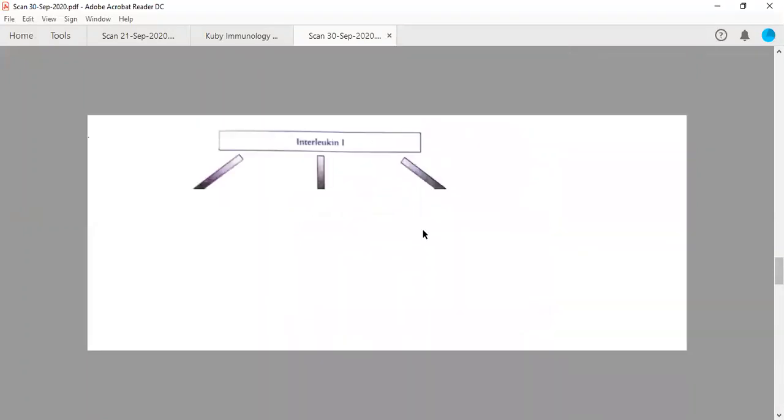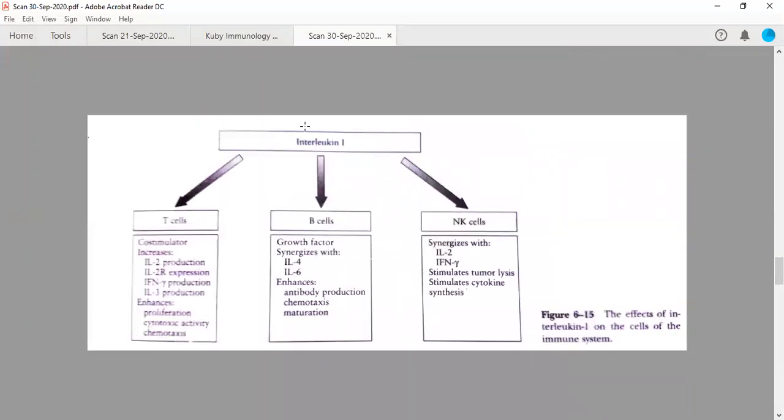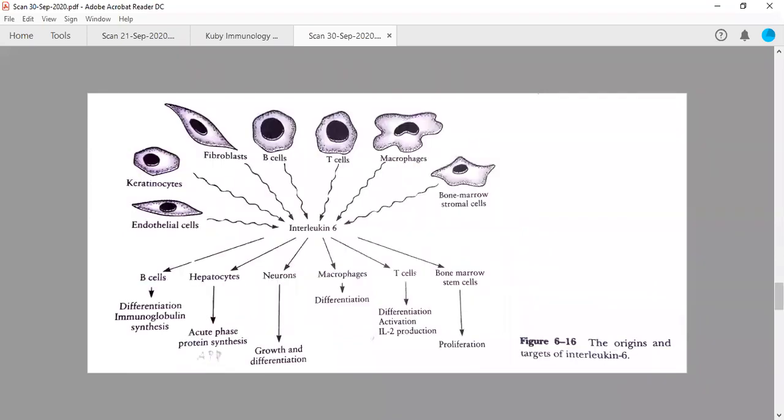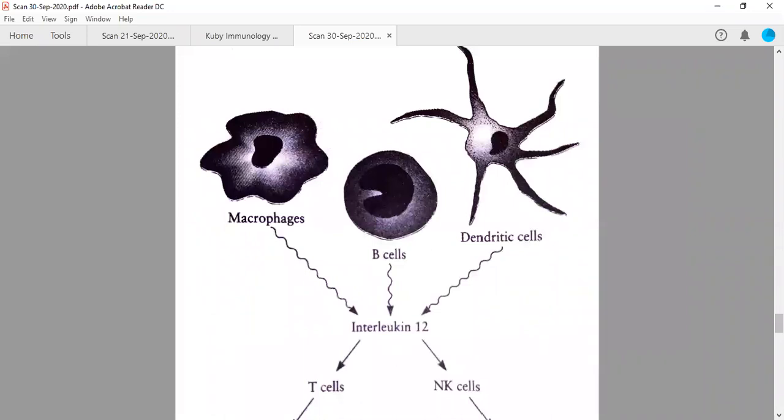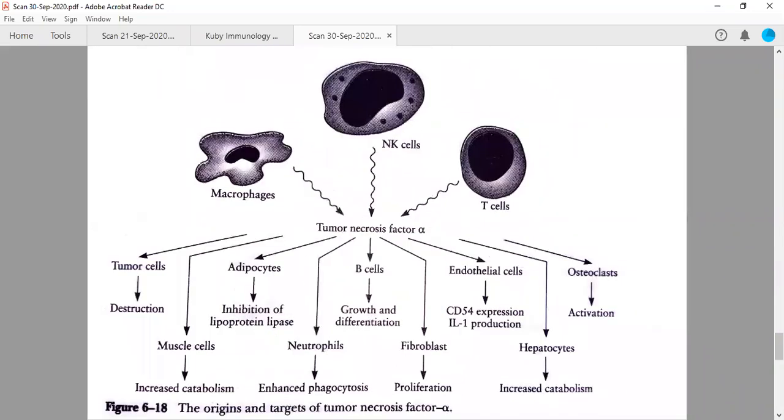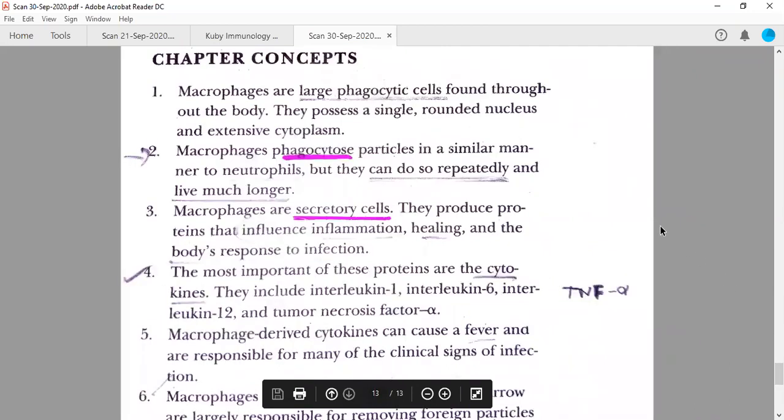After this interleukin 1 is produced by the endothelial cells, it can activate the B cells, T cells, and natural killer cells, right? By now you are able to understand that a single cell is not working alone. It is working in coordination with other cells, activating other cells or suppressing other cell types.